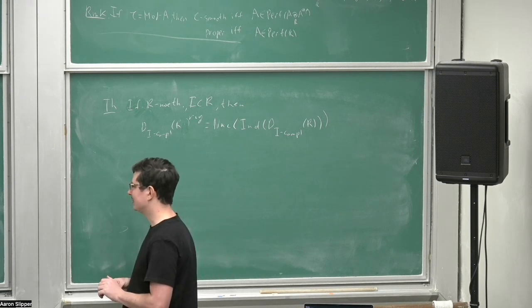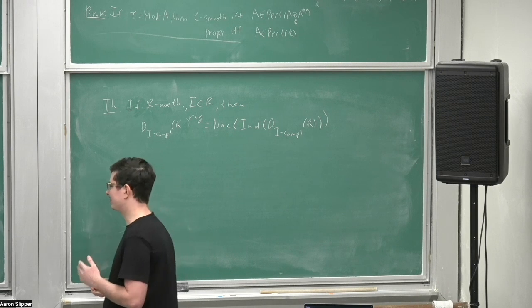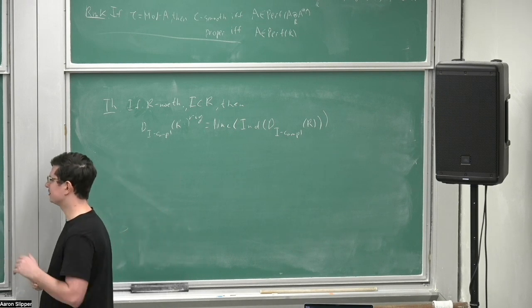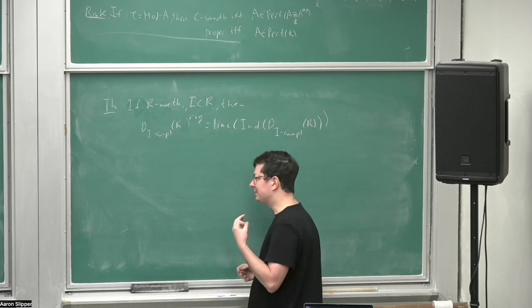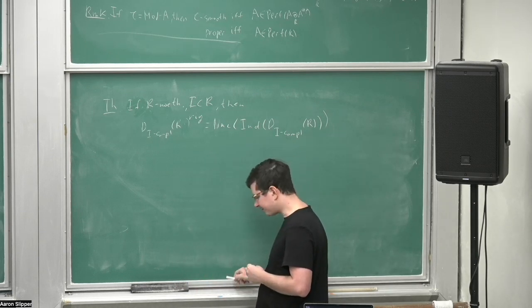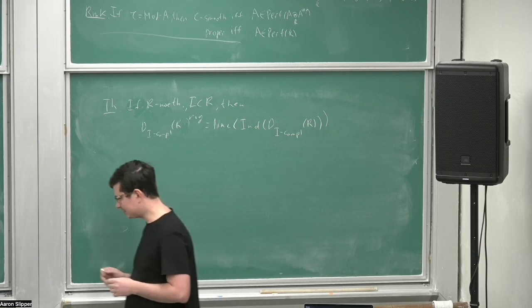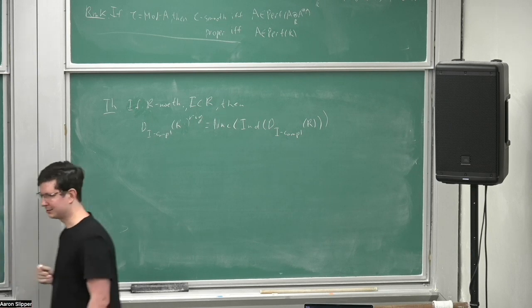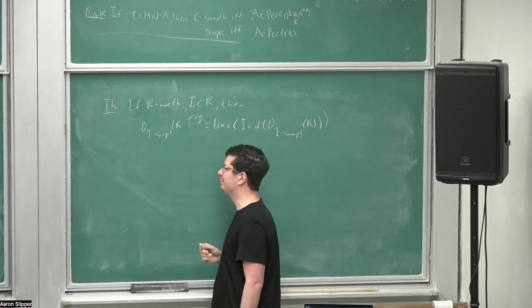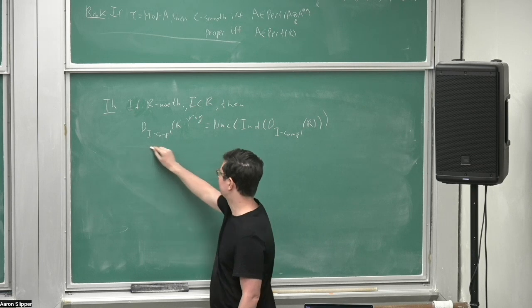I will not prove all the statements, since the proofs are sort of similar, but I'd like to explain, in this particular approach using rigidification, what this good behavior roughly means.